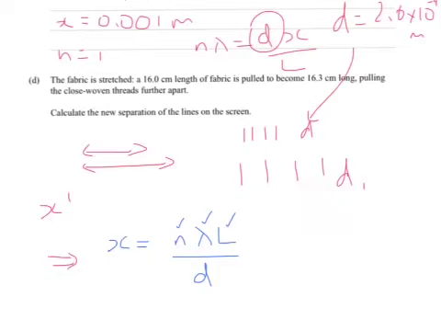Can we do that actually? No, we can't, because this is a trick, we don't know what our spacing is. Well, I guess you could calculate it if you wanted to.